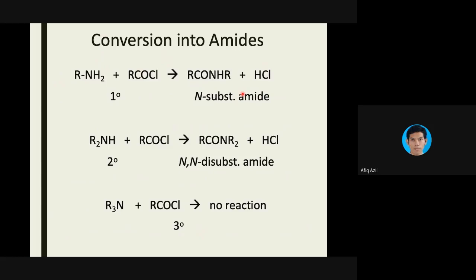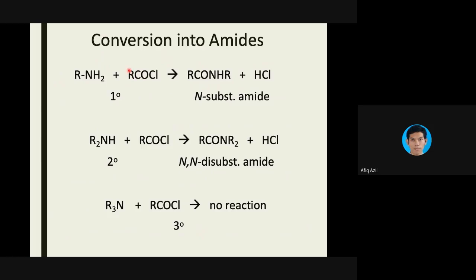And then the fourth reaction, the conversion into amide. So this is basically the same reaction that is in carboxylic acid derivatives. Okay, you have amide. So amide is basically you have C double bond O and R2, or it can be HR, for example.